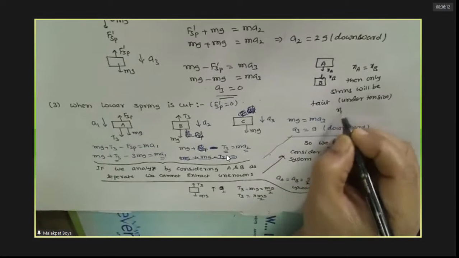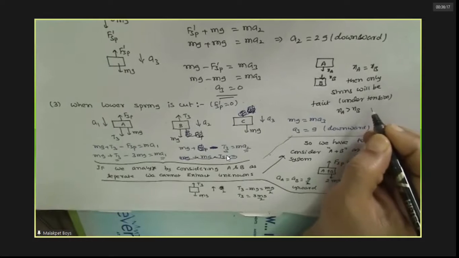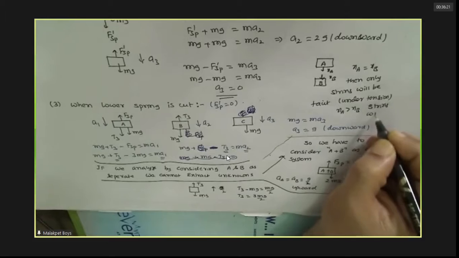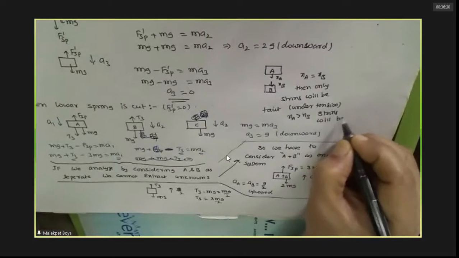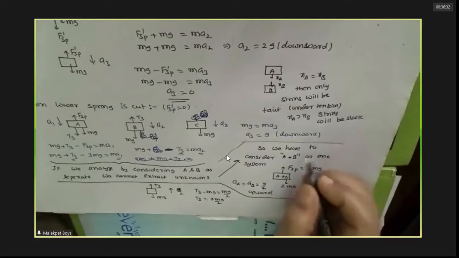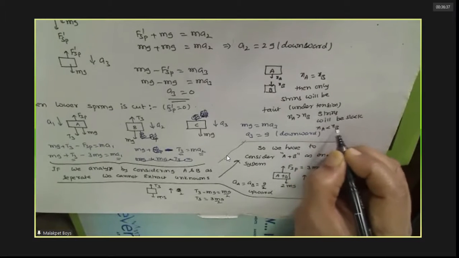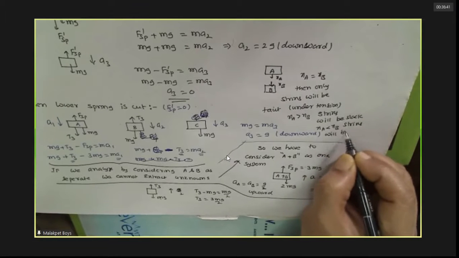If xA is greater than xB, what happens? The string will become slack. Do you agree with this? Now suppose xA is less than xB, the string will break, no? Do you agree with this?